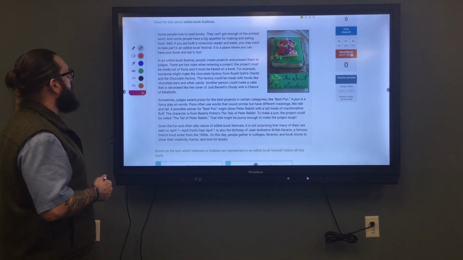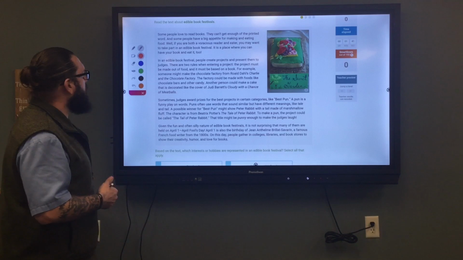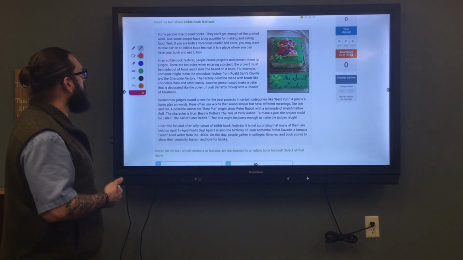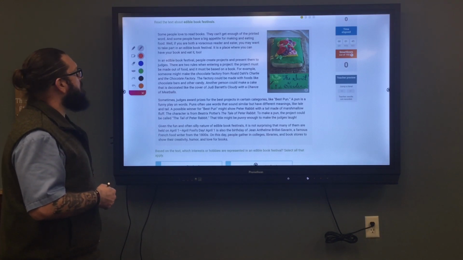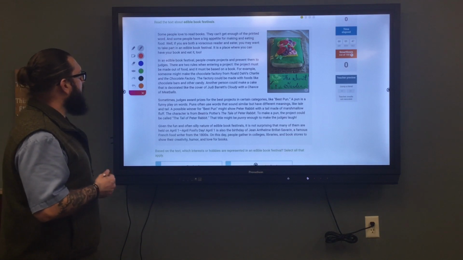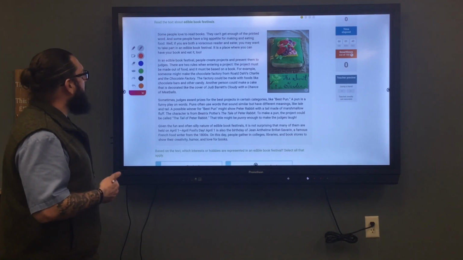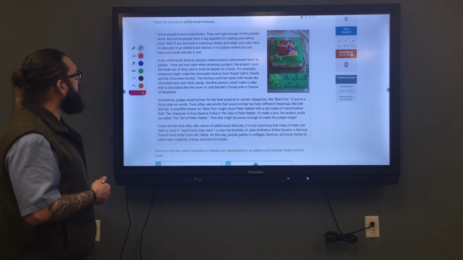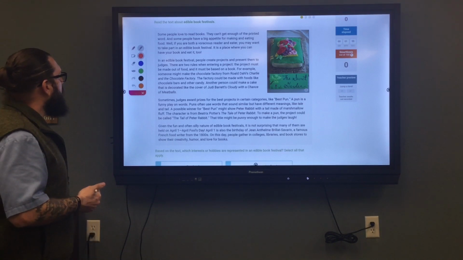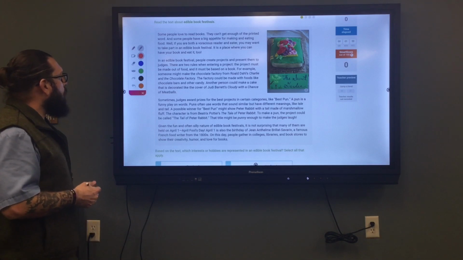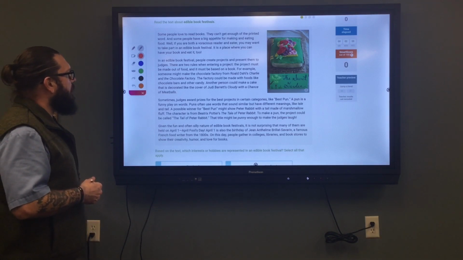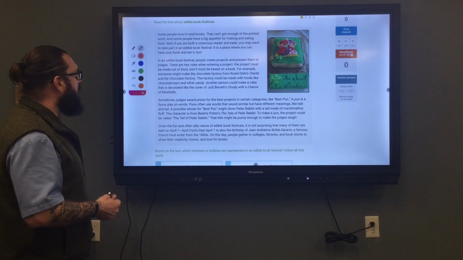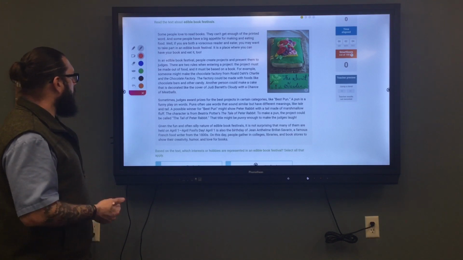For example, someone might make the chocolate factory from Roald Dahl's Charlie and the Chocolate Factory. The factory could be made with foods like chocolate bars and other candy. Another person could make a cake that is decorated like the cover of Judi Barrett's Cloudy with a Chance of Meatballs. Sometimes judges award prizes for the best projects in certain categories, like Best Pun. A pun is a funny play on words.